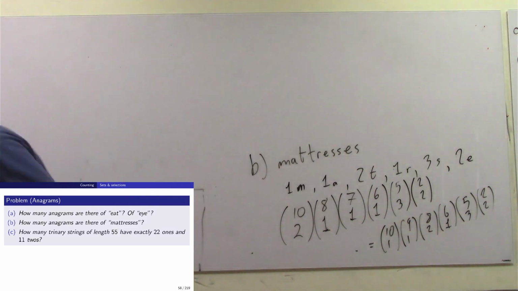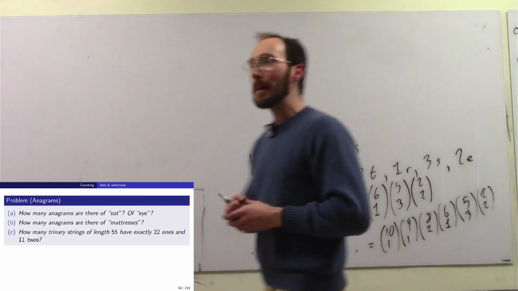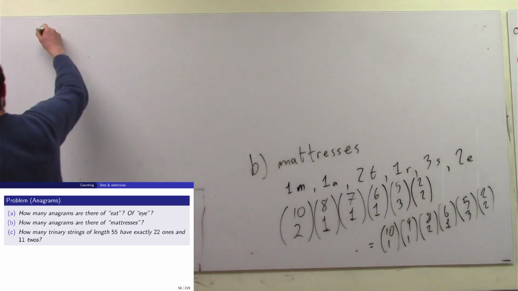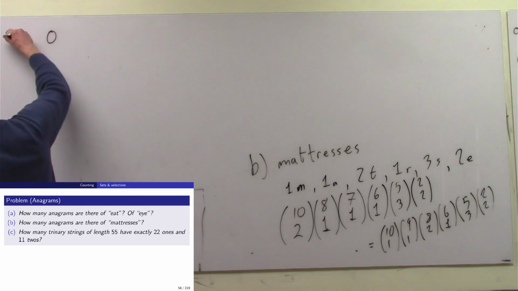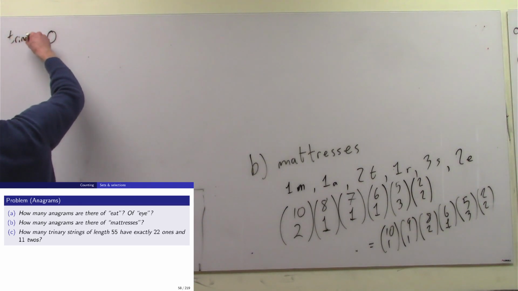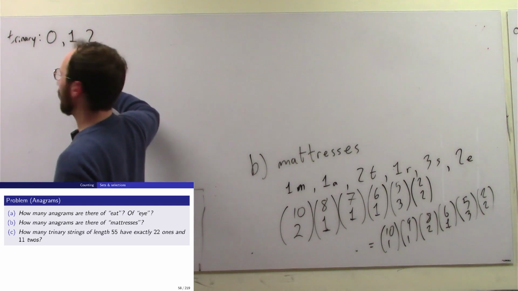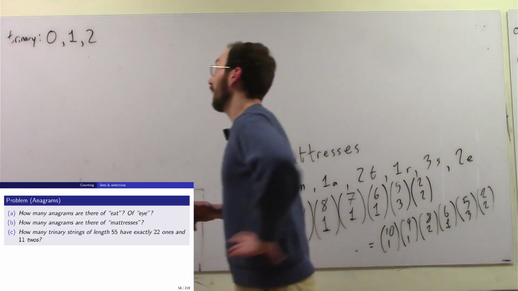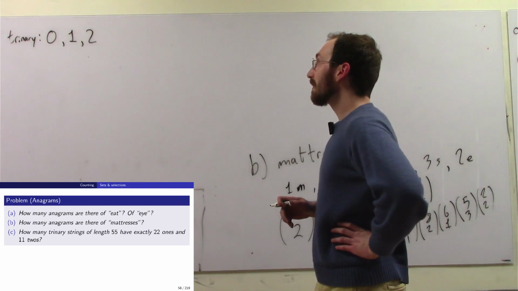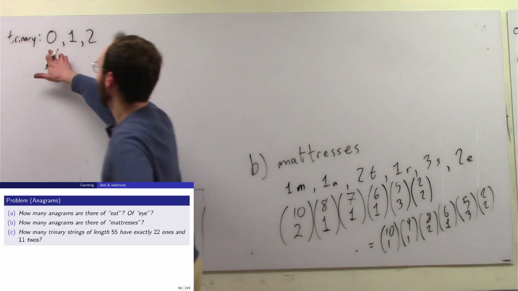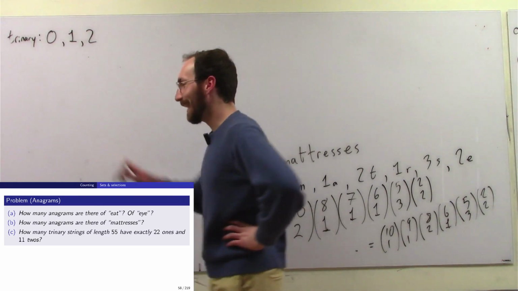So binary, you have zeros and ones, but it's also just an alphabet of 2 characters. Trinary is, you have the digits 0, 1, or, not digits, I'm sorry. Would they be trits? I don't know what you would call these. But trinary characters 0, 1, and 2.